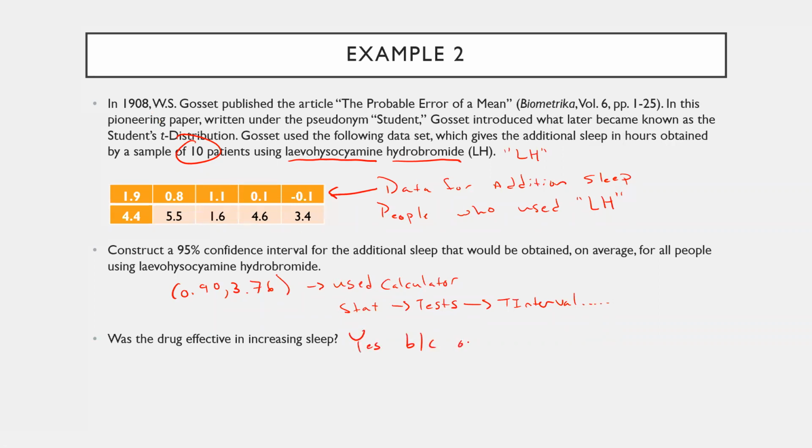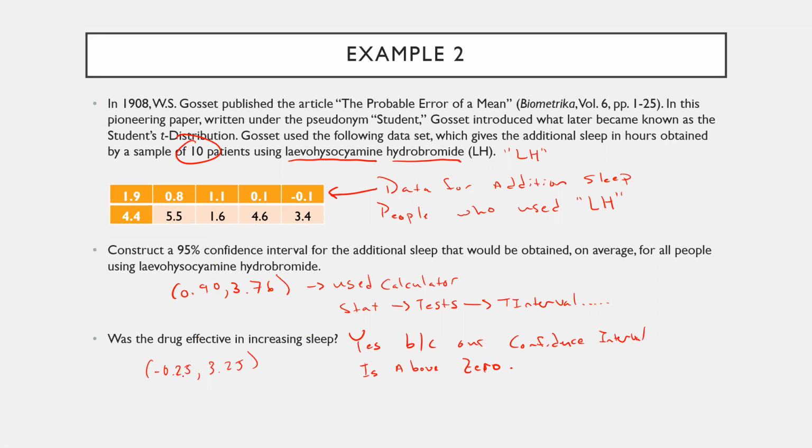And this is because our confidence interval is above 0. Okay. All right. If we had done this problem and my answer had been anywhere from negative 0.25 to say 3.25, notice how 0 falls between these two numbers.